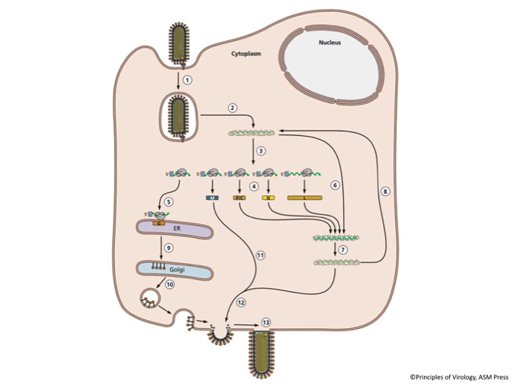Now, the strategy for this virus is to make multiple subgenomic mRNAs. You can see 1, 2, 3, 4, 5 subgenomic mRNAs. All right? So you start with one long negative strand RNA, you make 5 subgenomic mRNAs, and each of those gives rise to a protein, proteins to make the polymerase or to make more virus particles.